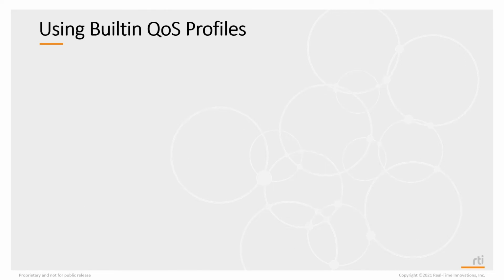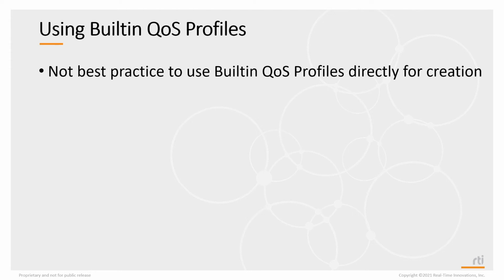So how do you use QoS profiles and QoS snippets, the built-in ones? Well, let's talk about profiles first. First, I'll say you really shouldn't use these built-in QoS policies directly in your creation. So you wouldn't create your participant or data reader or data writer with one of our built-in QoS policies directly.